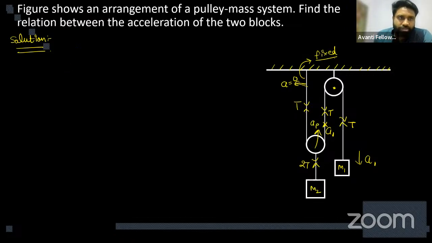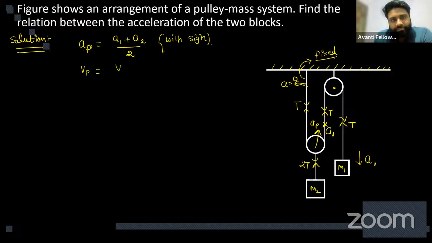Okay. So the relation that we have found is that the acceleration of the pulley is (a1 + a2) divided by 2, the acceleration of the end, and you have to use this formula with sign. Again, if the velocity has been asked, it is the same formula, but we use velocities here and we have to put it according to the sign.